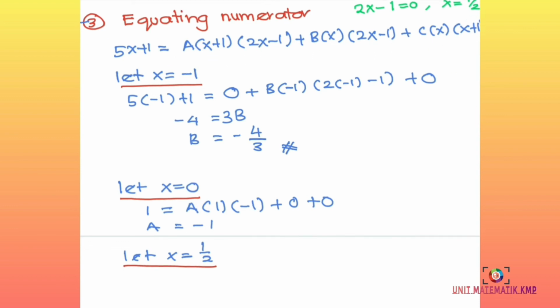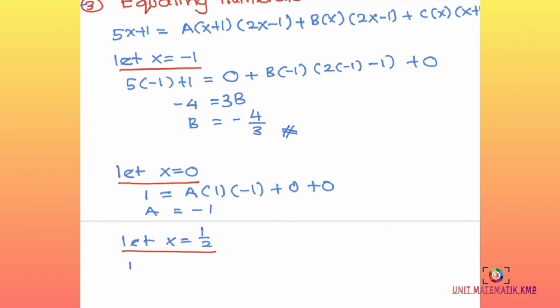Then we have 5 times 1 over 2 plus 1 is equal to, A term is 0, plus 0, B term is 0, plus 0, and plus C times 1 over 2 times (1 over 2 plus 1).